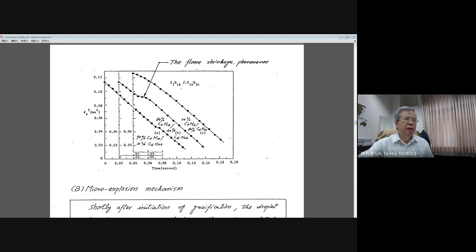This means that in the initial period, the evaporation is controlled by C7 with the lower boiling point.